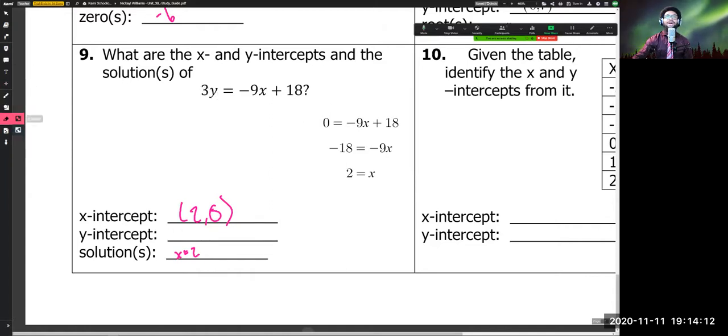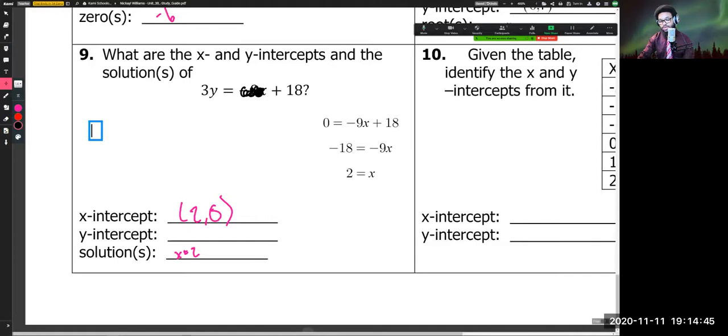Now we want to do this for our y. To figure out what our y is, I should have wrote that equation in pink instead of black. That's cool. To figure out what our y is, we're going to cover up our x this time. We've got this negative on our x, so we're going to cover that up. And what we have is 3y equals 18. Let's change colors to solve for y. I'm going to make another equation like I did before.